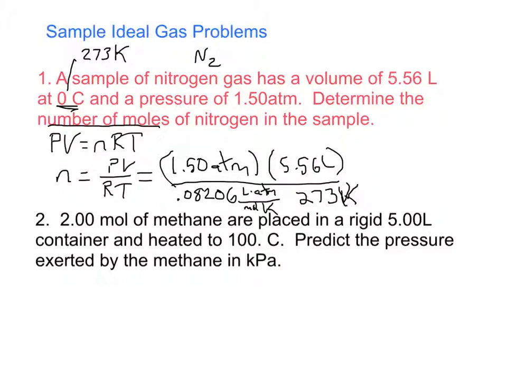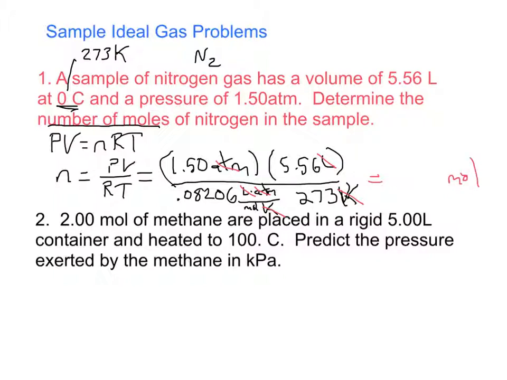Then check the units to see if they cancel. So atmospheres here, atmospheres cancels itself out. Liters up there, liters in the constant cancels out. Then we have Kelvin over here and Kelvin on the bottom there. So reciprocal moles means you have 1 over moles as your new unit. That means moles is the unit, and that's the way it should work out.